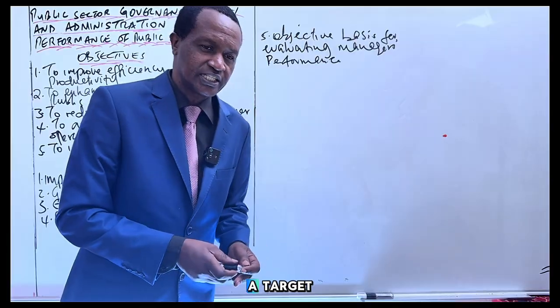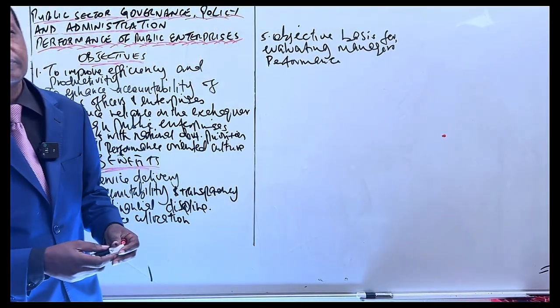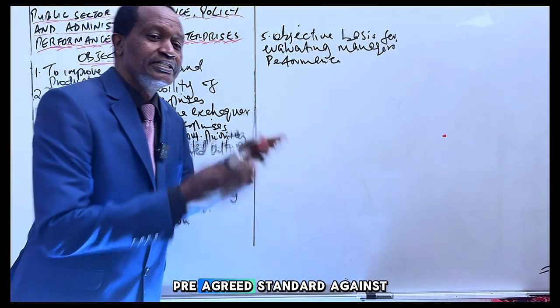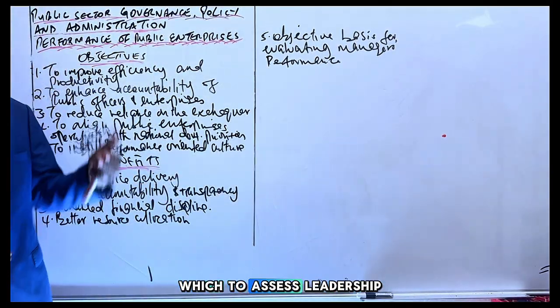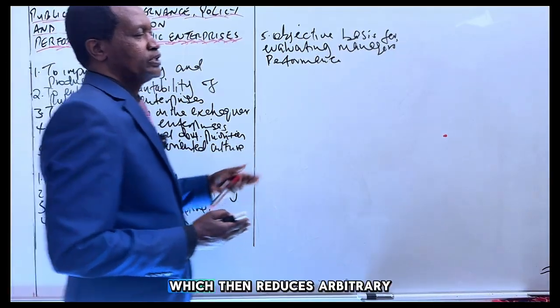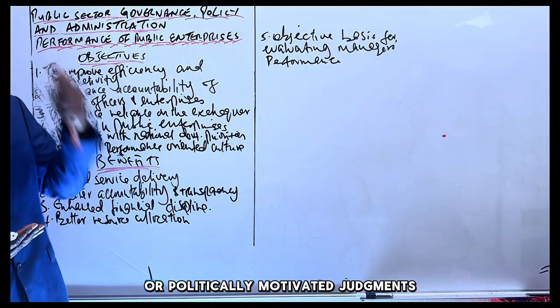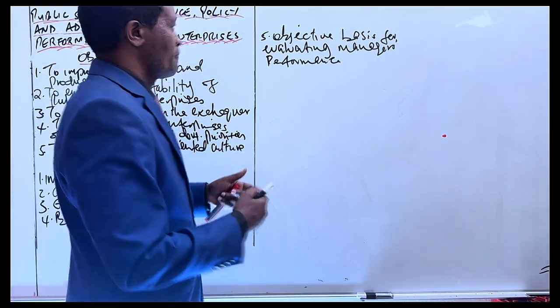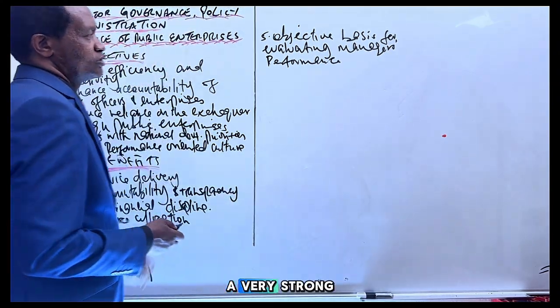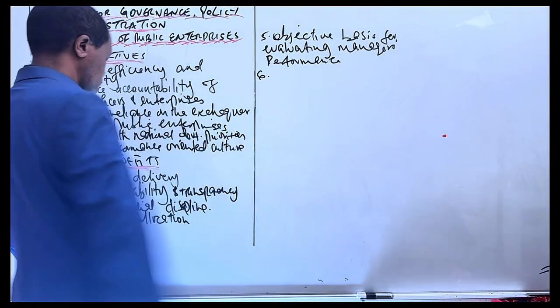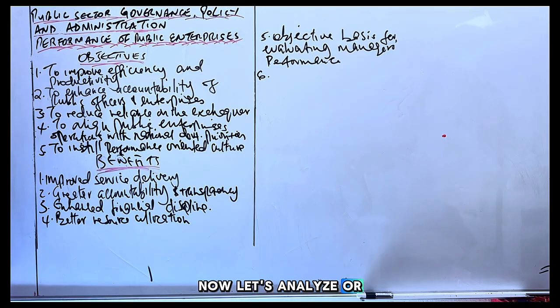Every manager is given a target, okay, and that provides a fair, pre-agreed standard against which to assess leadership, which then reduces arbitrary or politically motivated judgments. It's a very strong benefit right there.